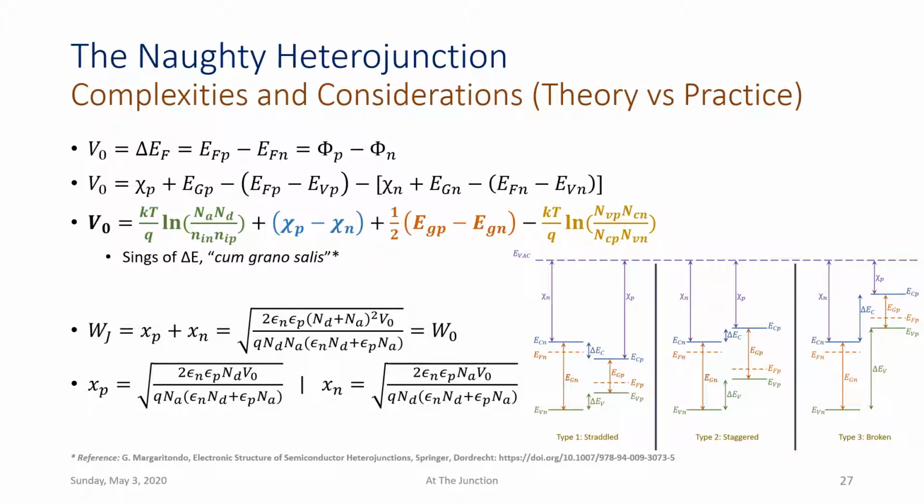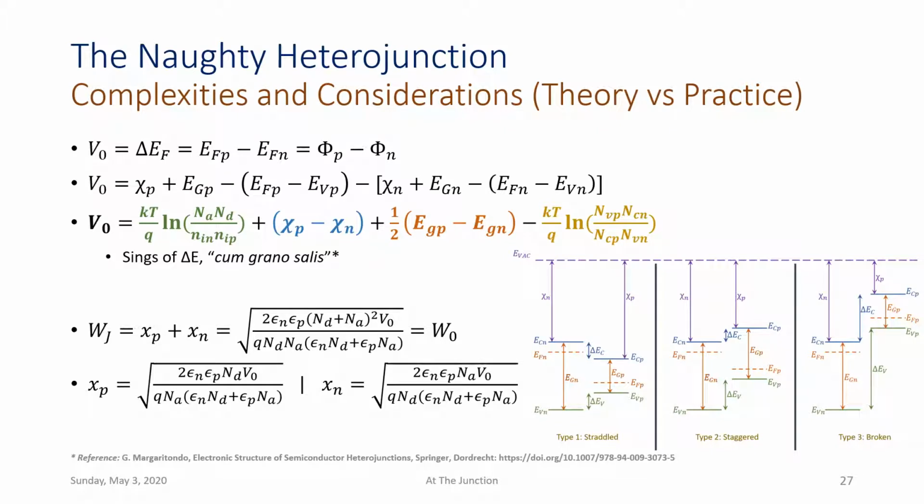And this is valid for all three types of the heterojunctions shown in the figure on this slide. We plug in the values for the work function of the P side and the work function of the N side and get the second expression on this slide. And finally, we get the third expression on this slide.